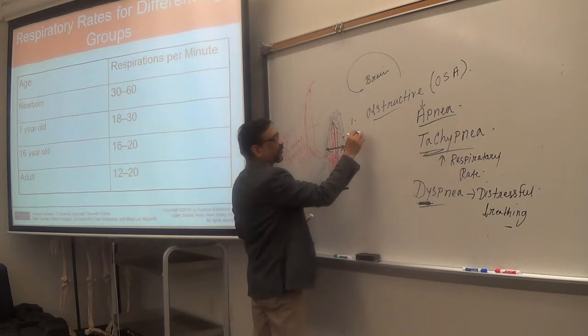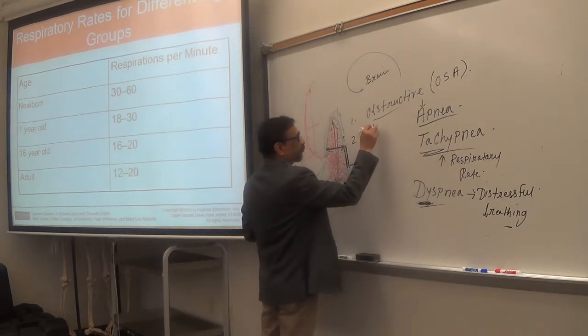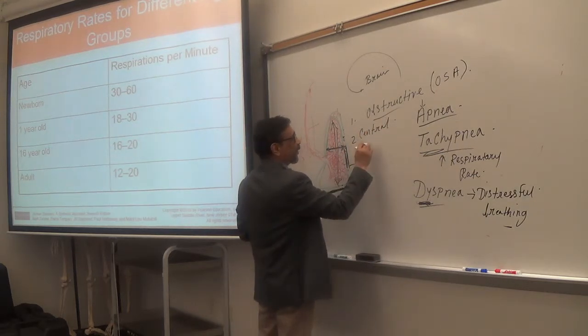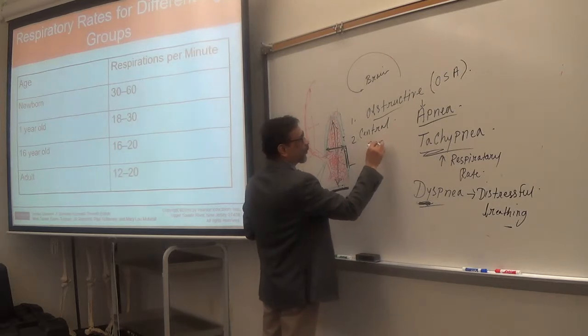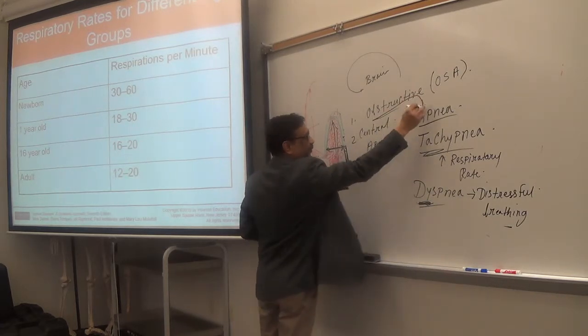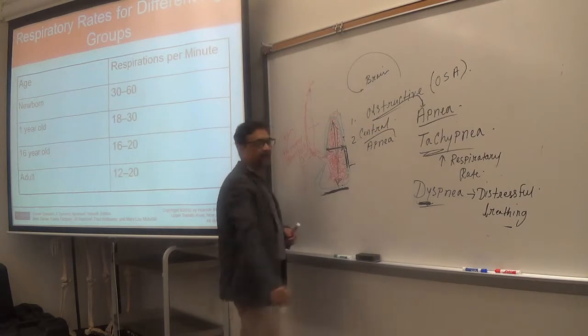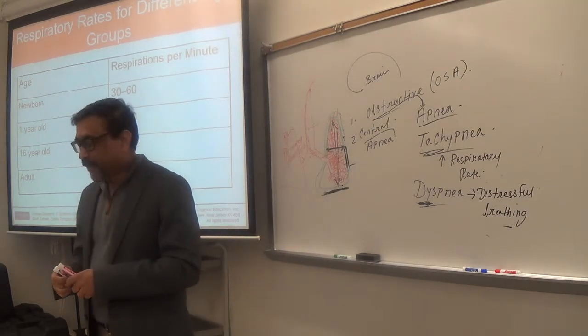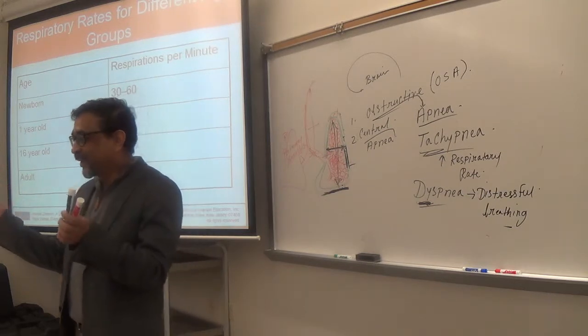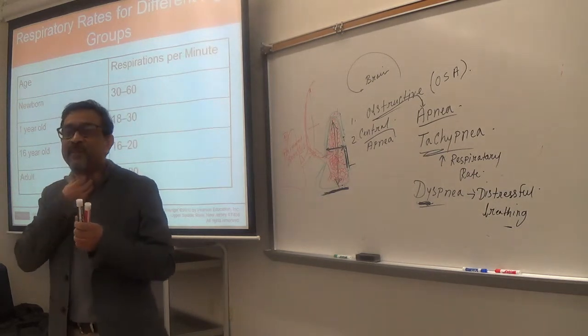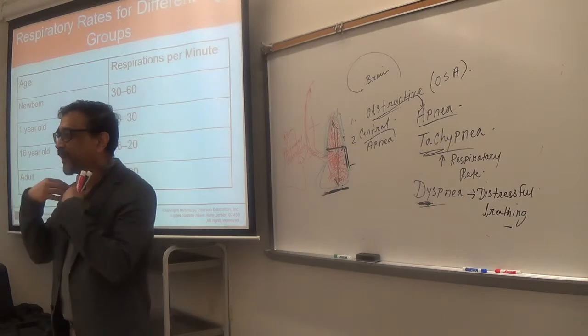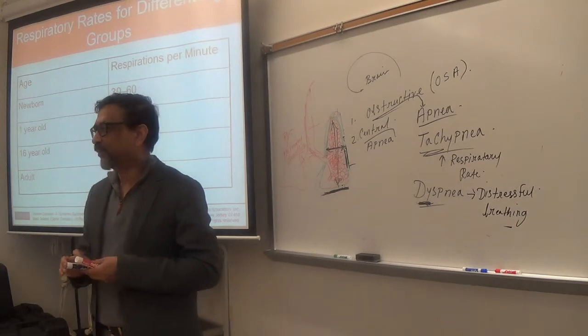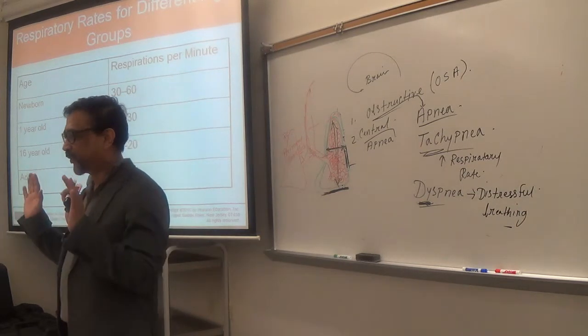Another type is called central sleep apnea. Okay, so obstructive apnea and central apnea. Obstructive apnea, the name is telling you, right? If something is blocking the passage of air, that will cause obstructive apnea.